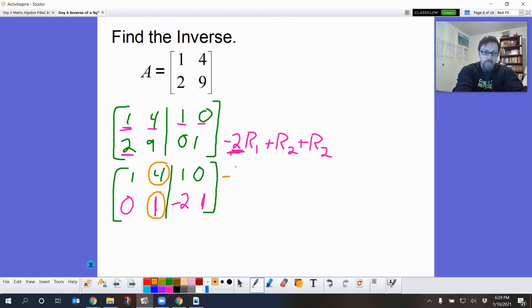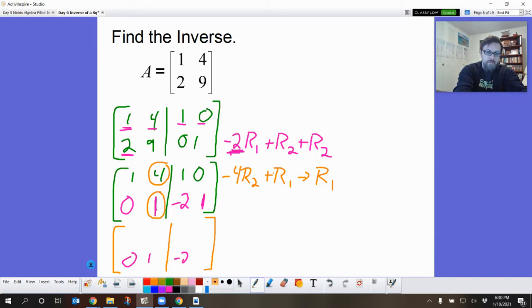Well, -4 row 2's, add that to row 1, and keep it in row 1. And then we'll be done. Oh my gosh. Thank you for being nice, matrix. 0, 1, -2, 1. -4 times 0, that's 0 plus 1, that's 1.